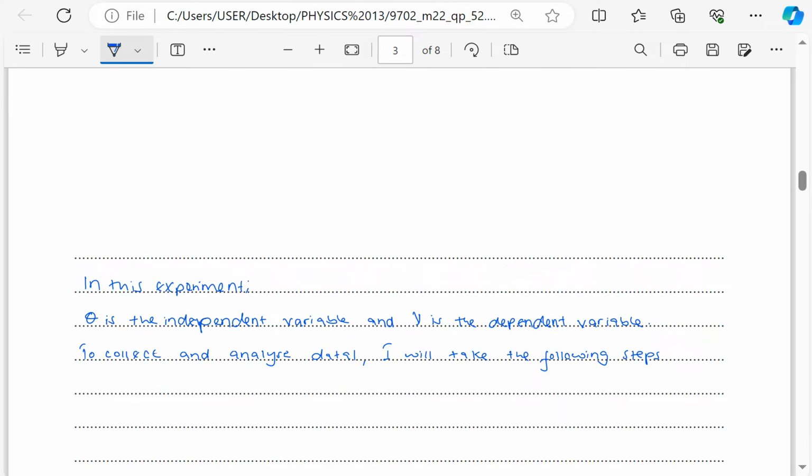So these are the steps that I'm going to take. Number one, I'm going to measure the distance d using a meter ruler.